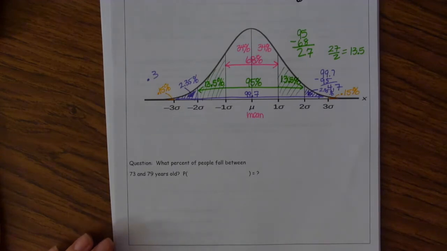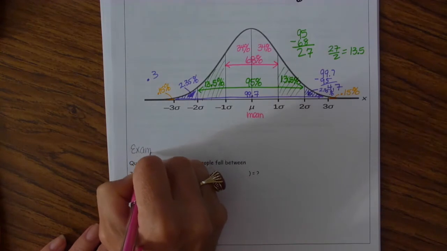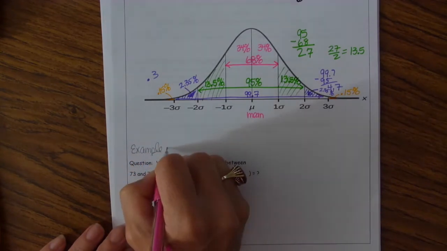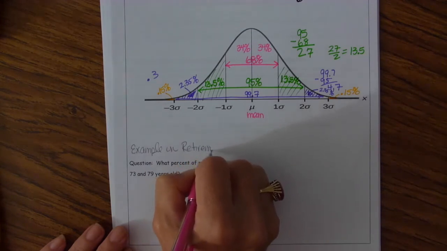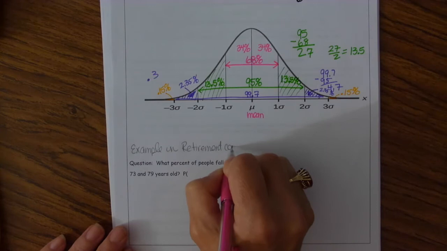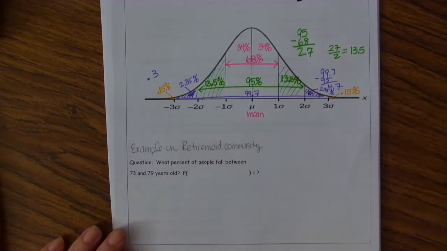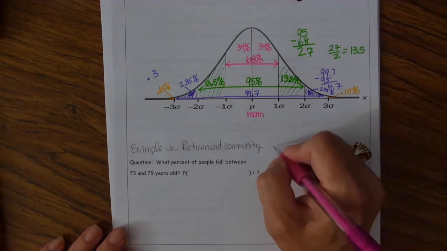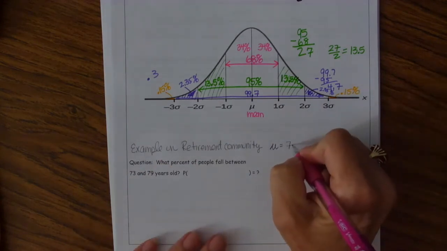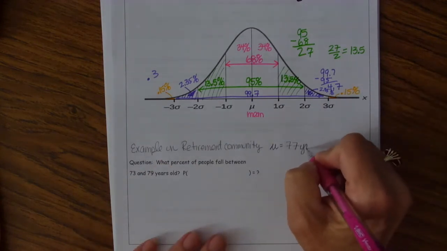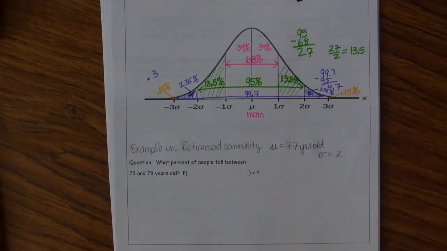So if I gave you an example, let's say an example in a retirement community. The mean is 77 years old, and the standard deviation is 2.